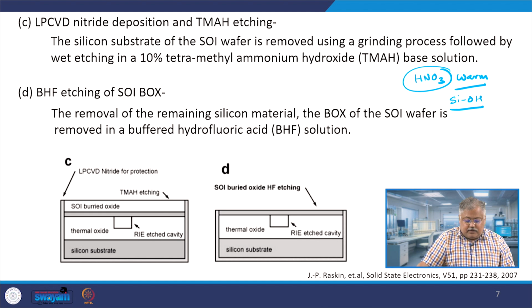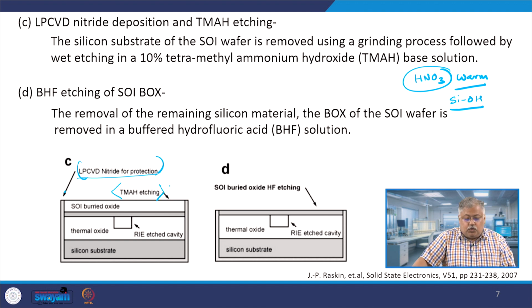So, let us look at this figure. What you do is an LPCVD nitride for protection. You grow a nitride layer at the side wall, so that the oxide layer and the semiconductor silicon layer do not get battered by external voltage, and then you do a TMAH etching here.